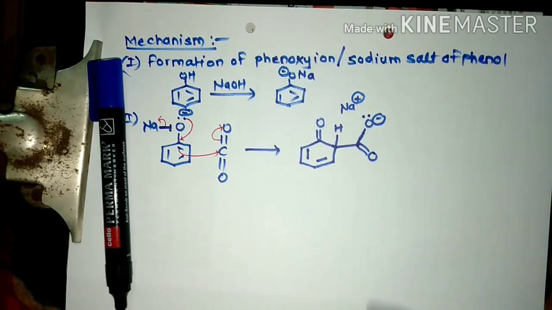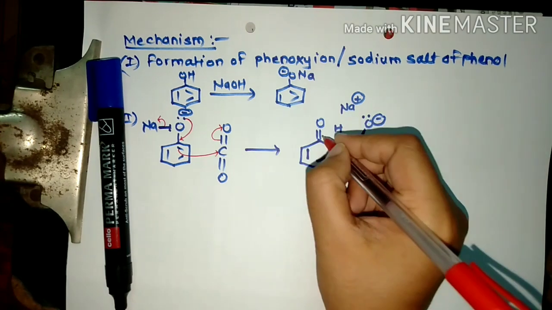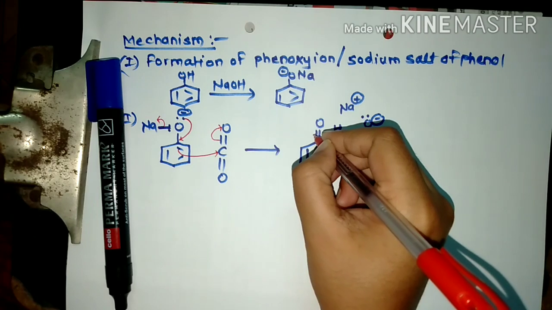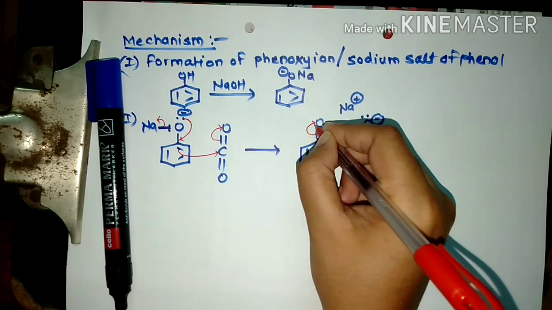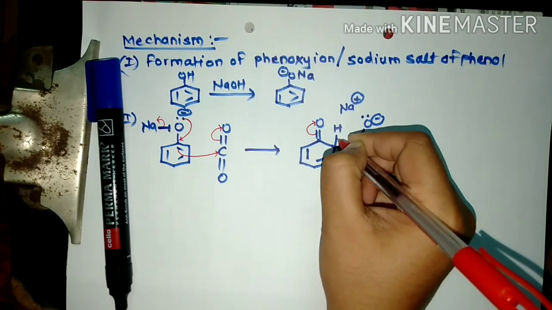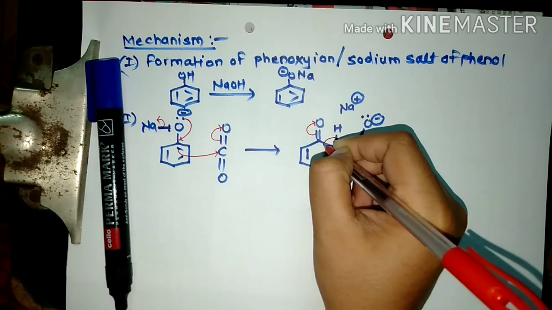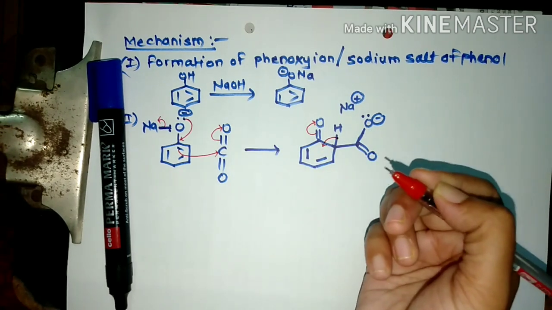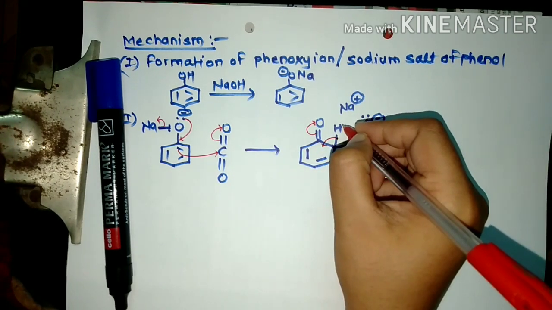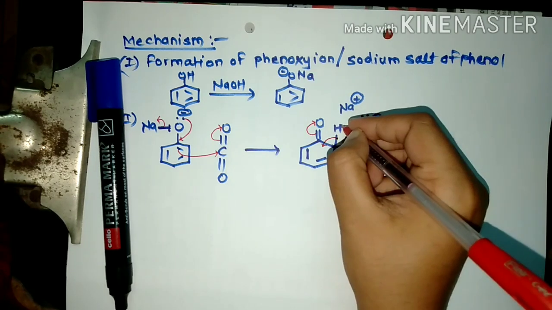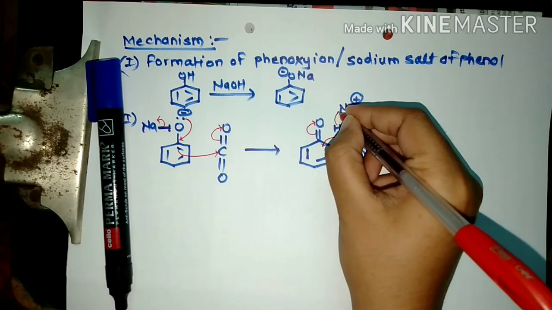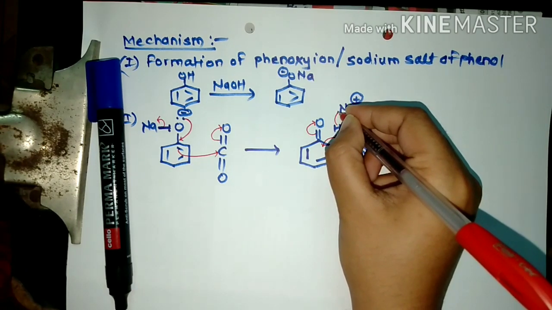Okay, now what will happen, this again gets shifted over here, so this hydrogen gives its electron to this benzene ring. This hydrogen will get removed or taken by this sodium.